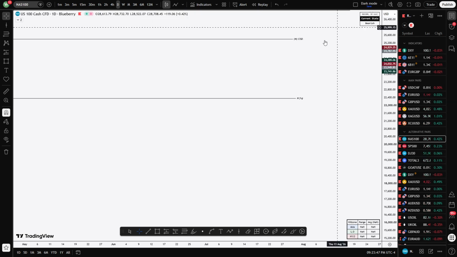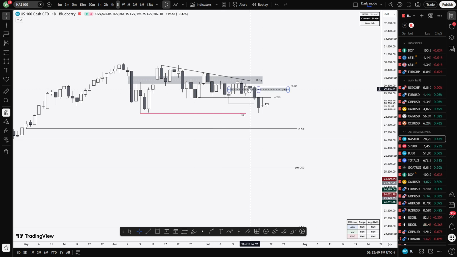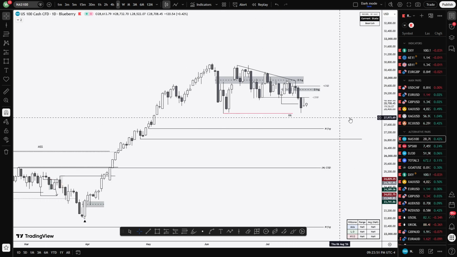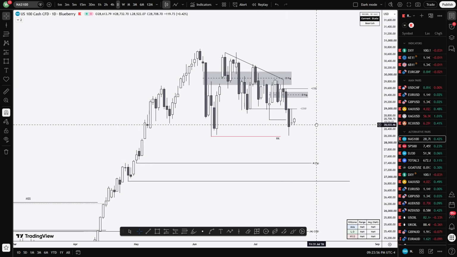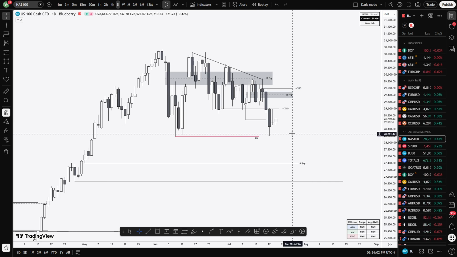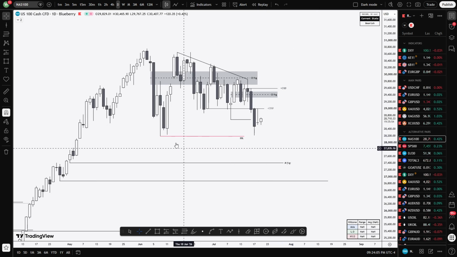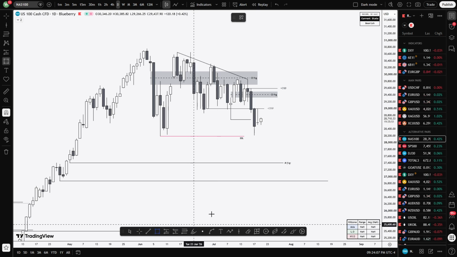So we have a higher high and a lower high, which then means if I'm going to trade any of these pairs, I'm going to focus on NASDAQ 100. So I'll be focused on NAS 100.